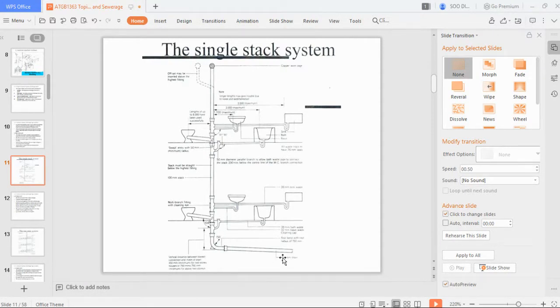So this means that all your soil waste and also your normal waste from your basin and bidet will be directed into a single pipe. So your normal discharge and your human waste discharge are all in a single pipe. This single stack system is where you usually find in a house.